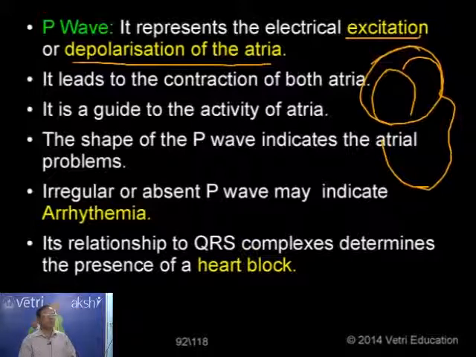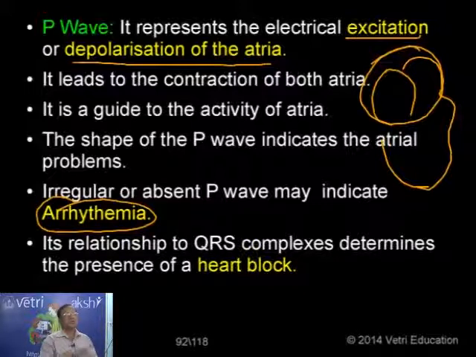Suppose this P wave is irregular or absent, that indicates that the person is having some sort of arrhythmia. The wave is not proper, deviating from the standard curve. That is what I mentioned here, irregular. Sometimes the P wave is suppressed, that means absent. That indicates the person is having some sort of arrhythmia.